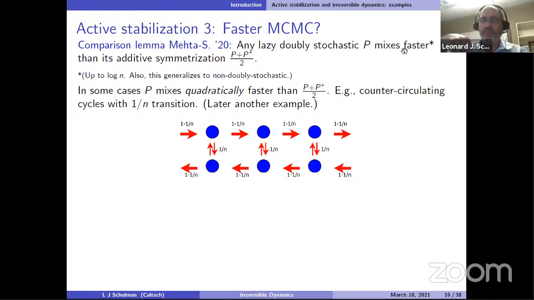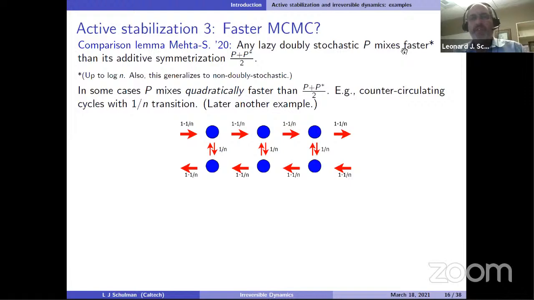Every Markov chain has a time reversal. If it's doubly stochastic, then it's kind of simple. You just transpose it. In general, you have to take into account Bayes' law. So the mixing is always faster for the asymmetric chain you started with than for the additive reversibilization.